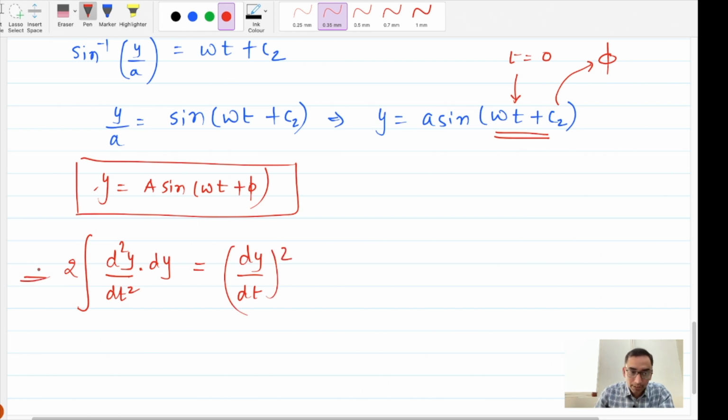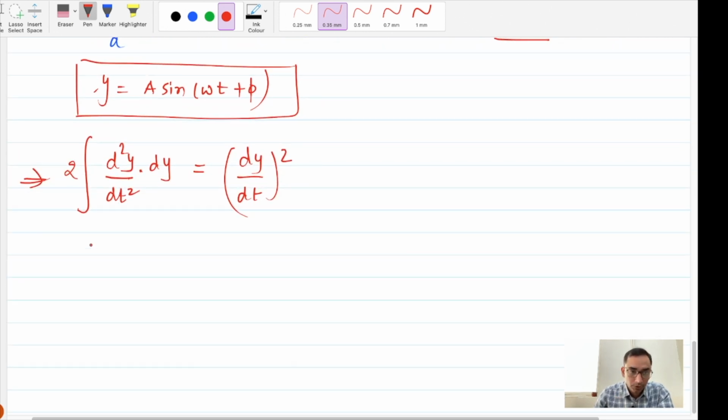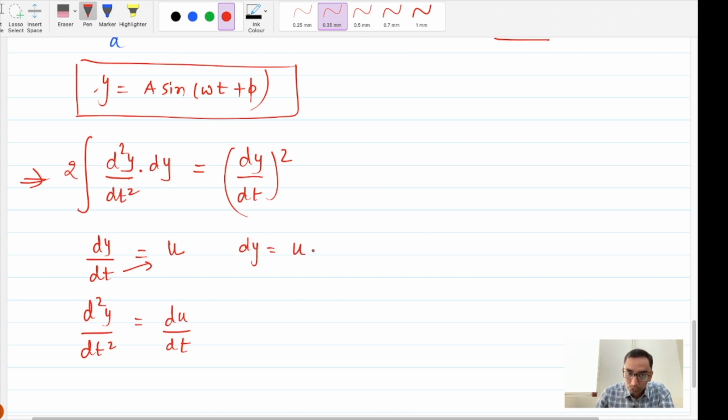Now for that I am going to assume the substitution method that dy by dt is say u. So the second derivative d2y by dt2 is equal to du by dt. Now this dt goes on the other side, so dy is equal to u dt. This is my equation number 1, this is my equation number 2.